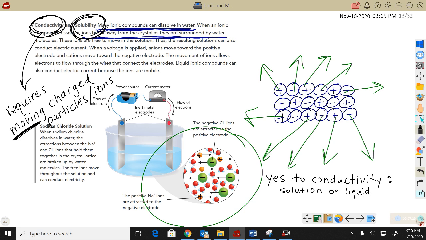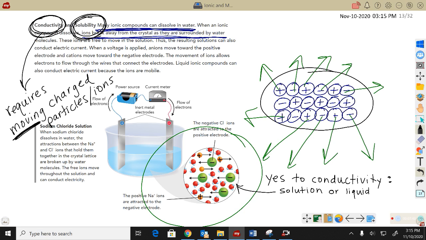The difference is that in solution, it looks like this, where the ionic solid was dissolved in water, and the ions separated and they're free to move. Molten, or liquid, would mean that I would have to heat the original solid.